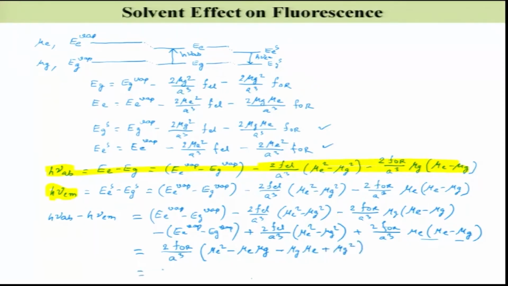So, this is equal to twice F OR by a cube, (mu E minus mu G) whole square.